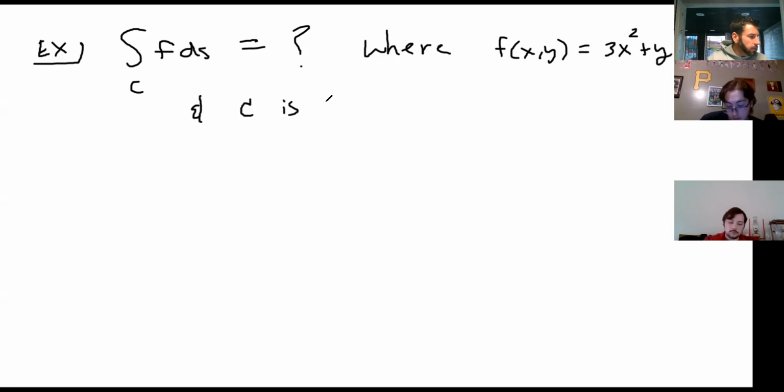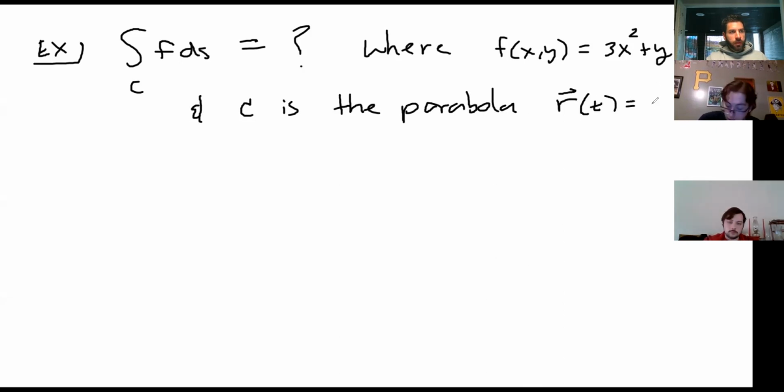And C is the parabola r of t equals t squared on 0, 1.